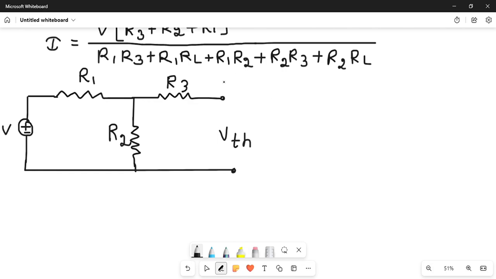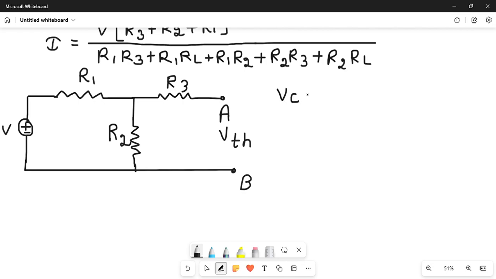Now here the voltage drop across R3 is 0, as it's an open circuit, so the drop across R3 tends to be 0.